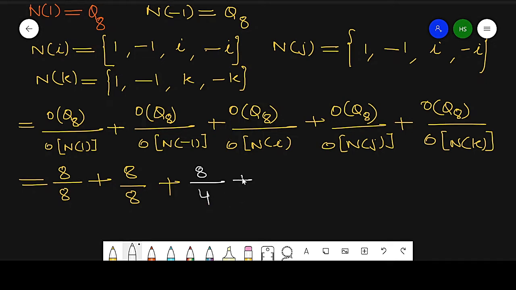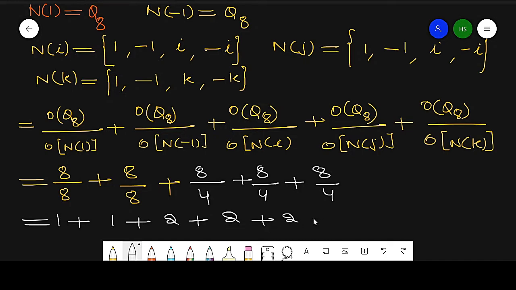So we get 1 plus 1 plus 2 plus 2 plus 2, which is equal to 8, which is equal to the order of Q8. So it verifies the class equation. In this way we can prove the class equation of Q8.